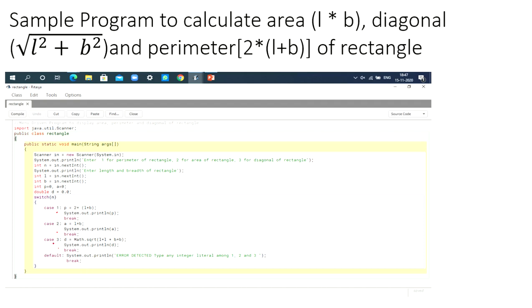For informing the person that such a thing doesn't exist, we usually use this default case. If you use this default case, we can display some message like this, this is also a message. Suppose I enter 5 on my keyboard, it will display error detected like that.